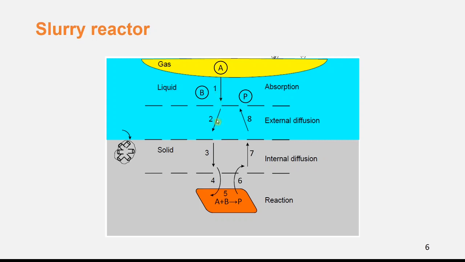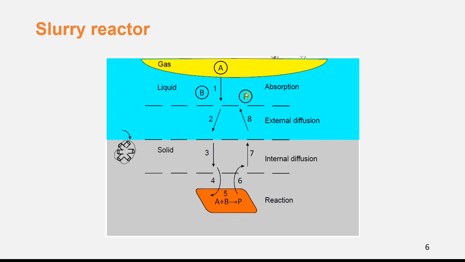So step 2 is the external diffusion of the reactants to the catalyst surface. And then internal diffusion of the reactants through the pores. And then adsorption of the reactants onto the catalyst active sites. And then surface reaction, and then desorption of the product from the active sites, and then internal diffusion of the product to the pellet surface, and then external diffusion of the product from the pellet surface to the bulk liquid phase.